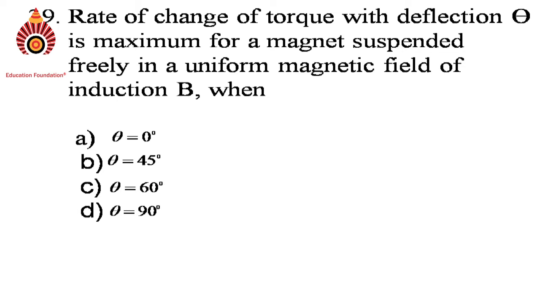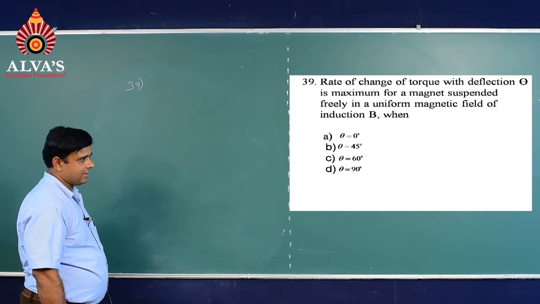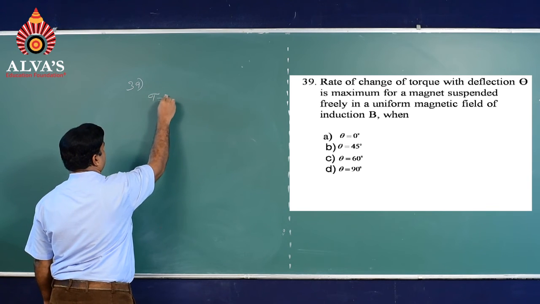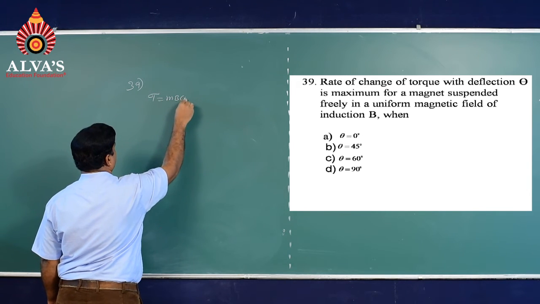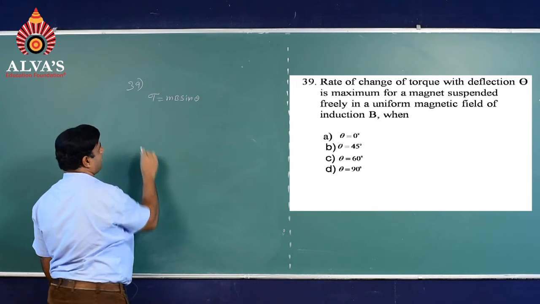Rate of change of torque with the deflection theta is maximum for a magnet suspended freely in a uniform magnetic field of induction B when? So, the rate of change of torque with the deflection theta should be maximum. You have to calculate the value of theta. Torque is given by mB into sin theta.